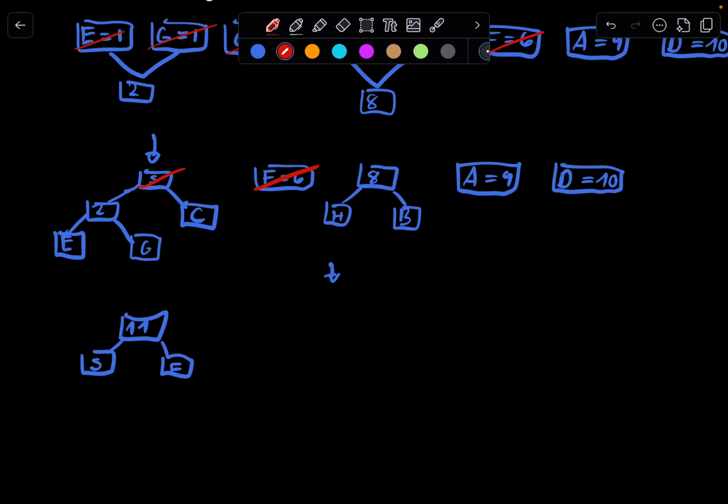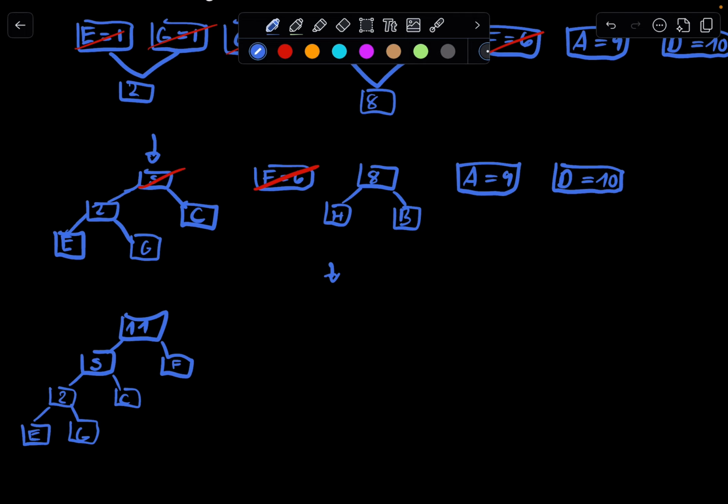So, in this case, let's see what we're doing. We have 5. This is going to be 2. This is going to be C. This is going to be E and G. F is dead, so let me just rewrite this.